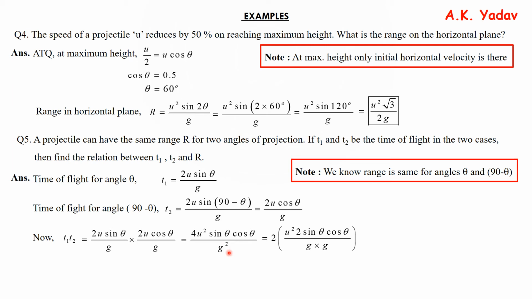This can be written as 2 into u square 2 sine theta cos theta upon g into g, which is 2r by g, because r is equal to u square 2 sine theta cos theta upon g. So we can say the product of t1 and t2 is equal to 2r upon g.